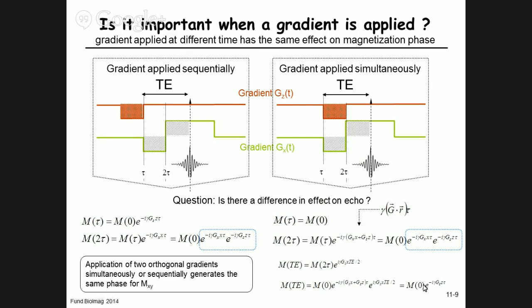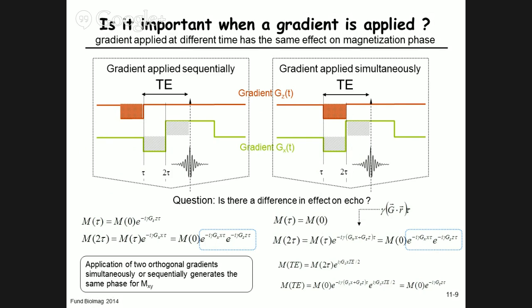And actually, you can see now at TE, with the condition of tau equals TE over 2, we find that the magnetization at time TE, that is at this point here, is given by the magnetization at the beginning, times the effect of the z gradient only.